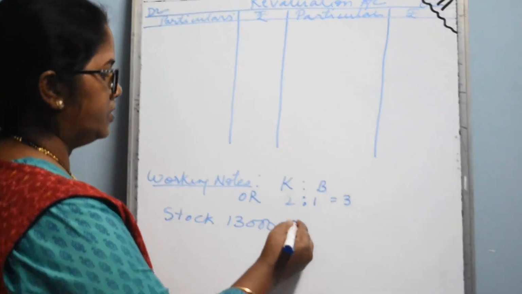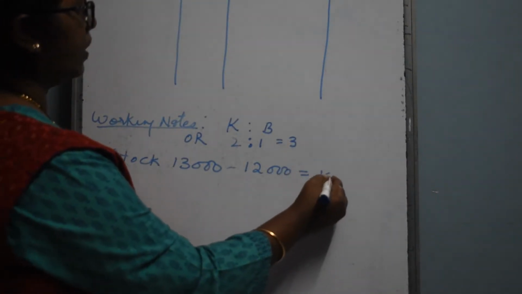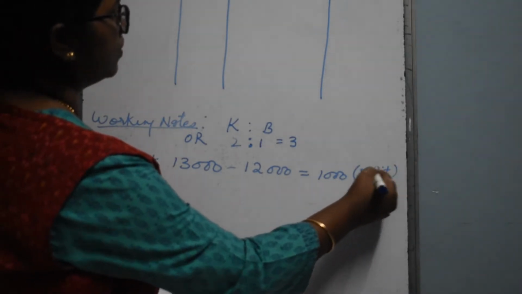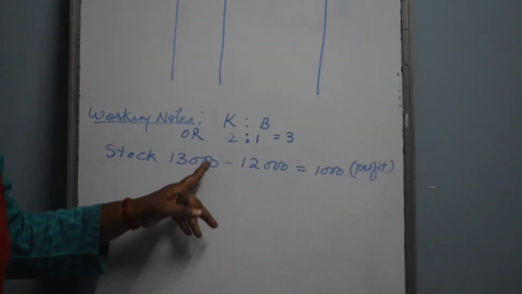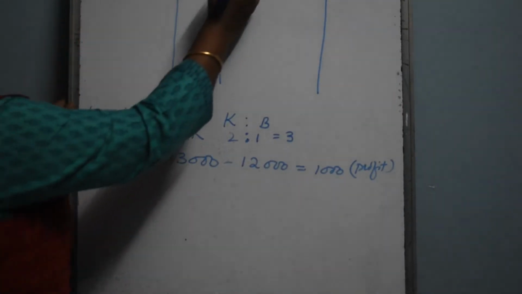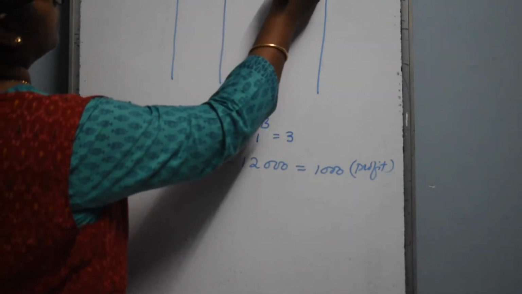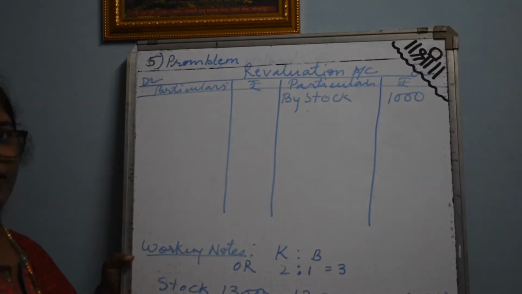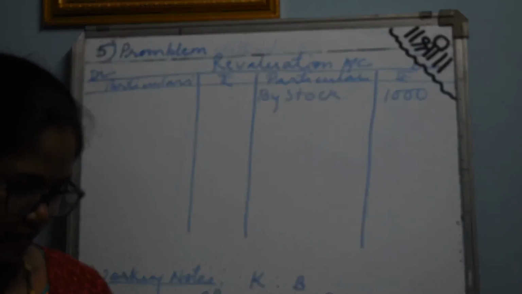So we have a profit of 1,000. Whenever there is profit, it will come on the credit side. So by stock, the amount of profit you have to write on the credit side.